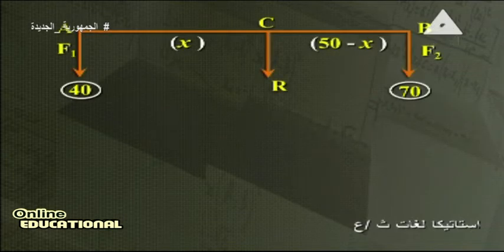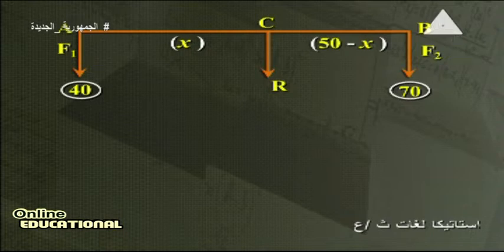Solution. My dear student, look at the first requirement. What is the resultant of the two forces 40 and 70? 40 acts at A, 70 acts at B. The distance between A and B equals 50 centimeters.